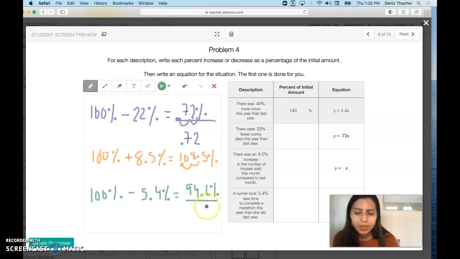We're going to divide that by 100, or move our decimal place 2 places to the left, and that should give you 0.946. Based off of that, if that's the percent of initial amount, how could we write our equation? What would our equation be using this info here?